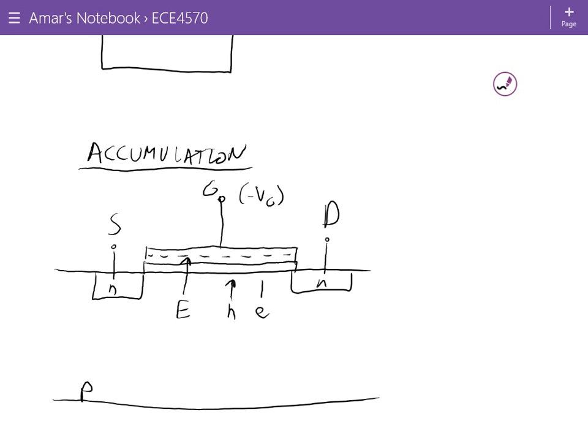So what we'll end up with is a lot of holes accumulated here. All right. So this is N-type. The drain is N-type, and in the middle here we have a bunch of holes that have accumulated. Do we have a conductive channel? No, because looking across, it's going from N-type to P-type to N-type. So you're accumulating holes here.